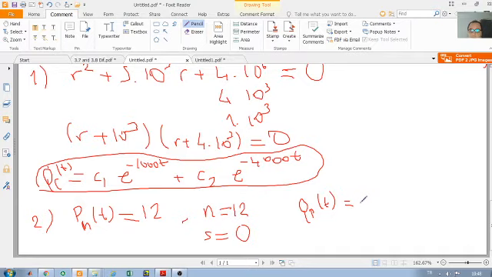Therefore t to the power 0 is equal to 1 times, n is the degree of the polynomial, therefore we have just a 0. So the particular solution is just a constant.